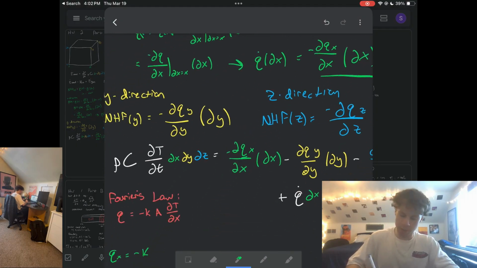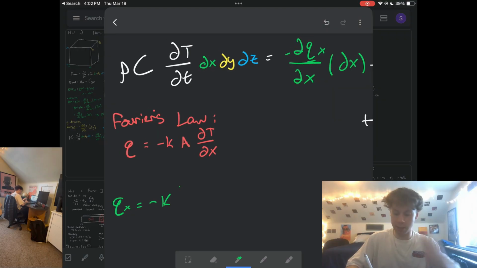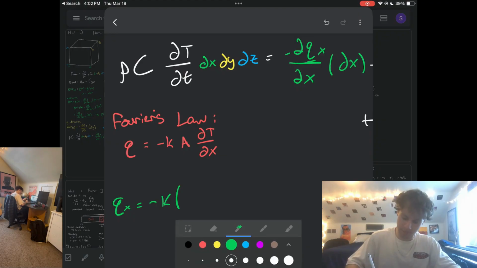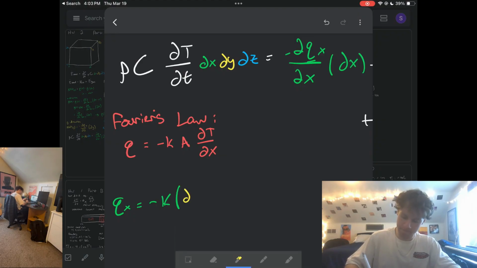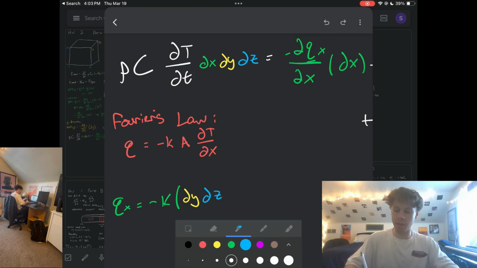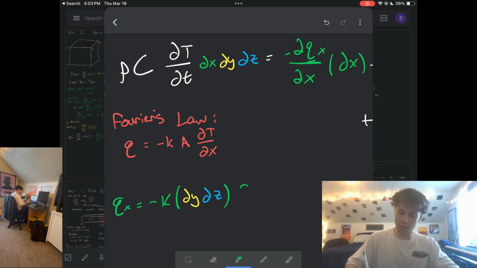So we'll say our negative thermal conductivity times dy dz multiplied by our temperature gradient.